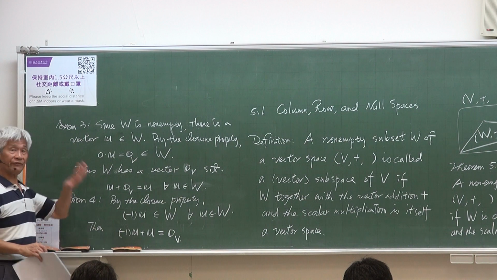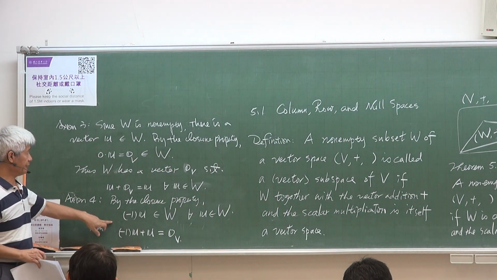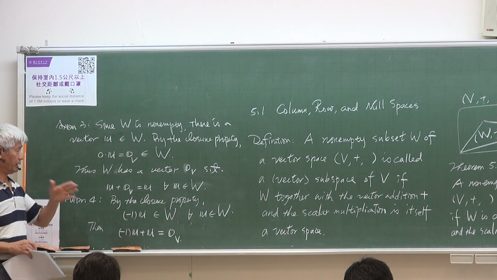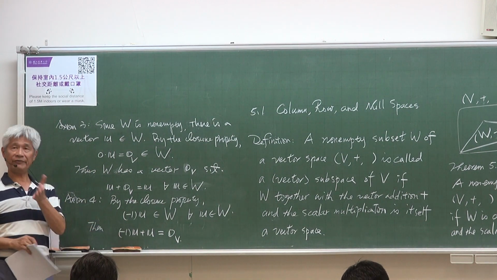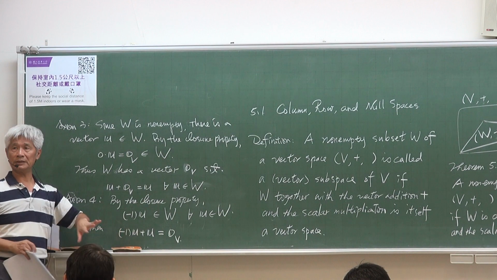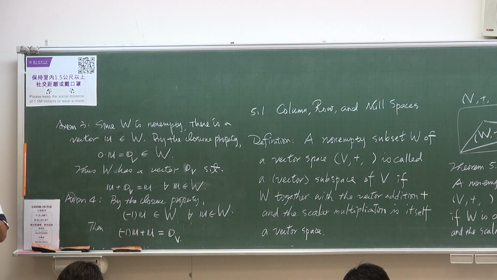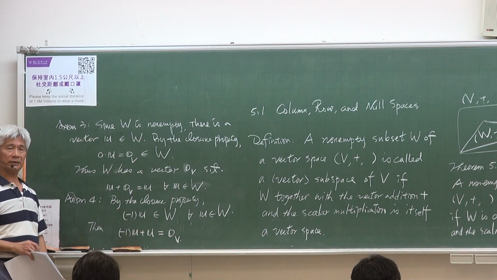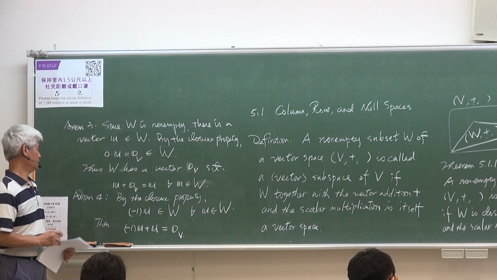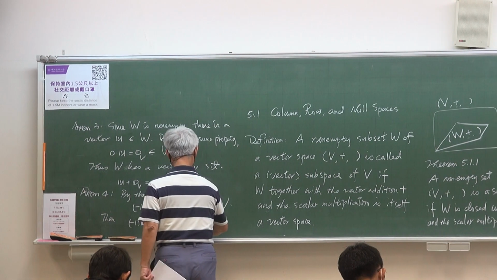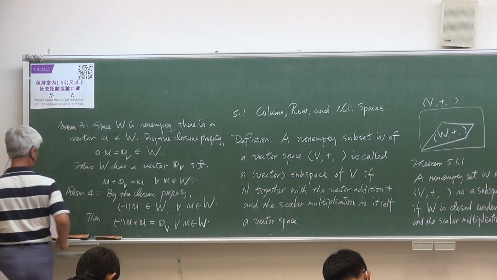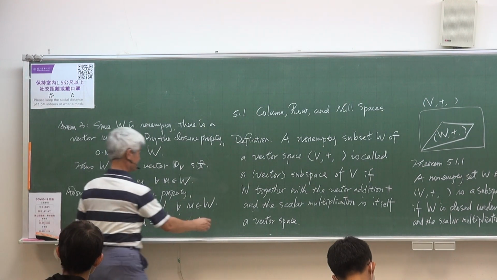Because this is true in V. Every u in W is also in V, and so we know that in V, minus u is the additive inverse of u already. So we know that. So this is true for all u. So we have axiom number 4.